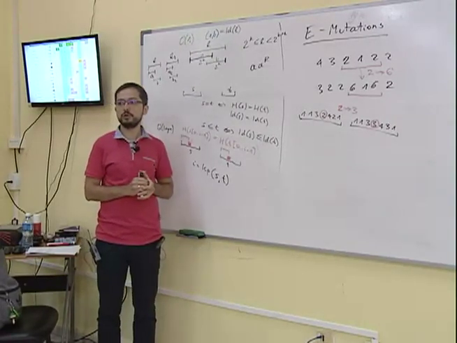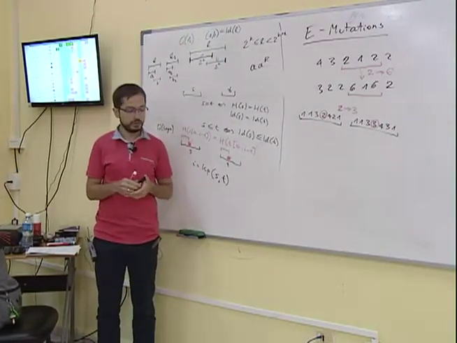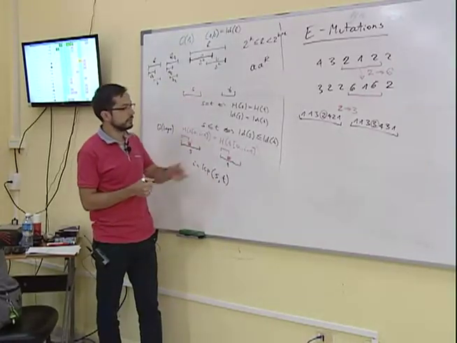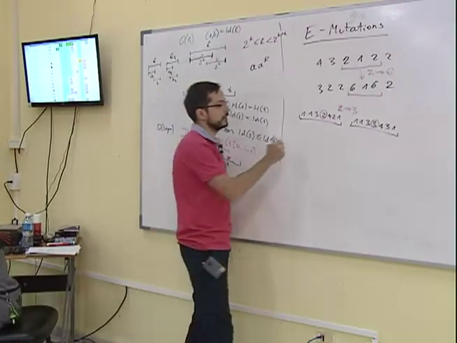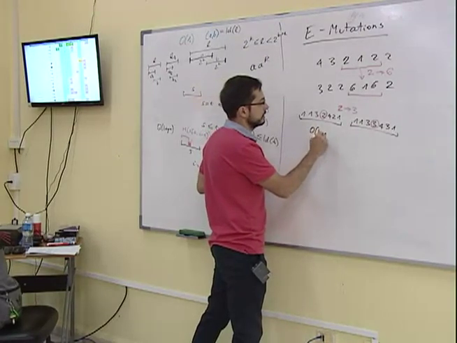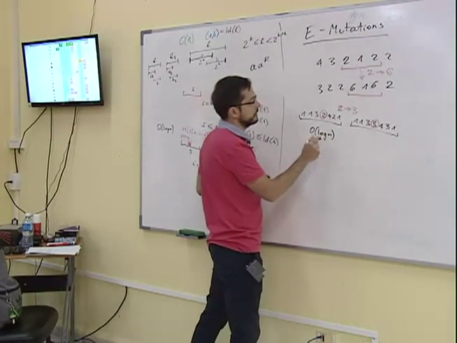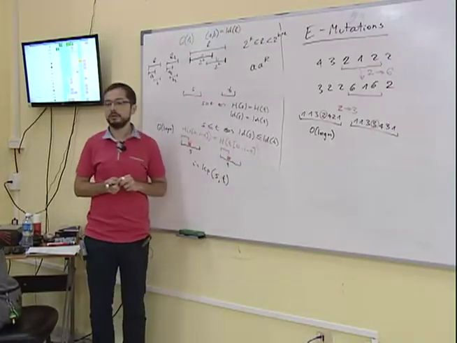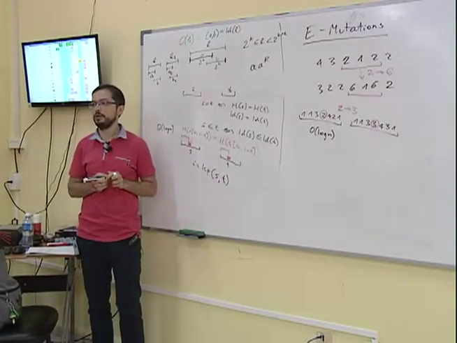So we know what mutation we need to find, and we can calculate this LCP in logarithmic time. So in log n, we can calculate what kind of mutation we need to do.